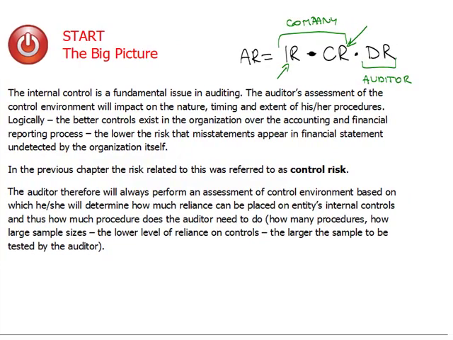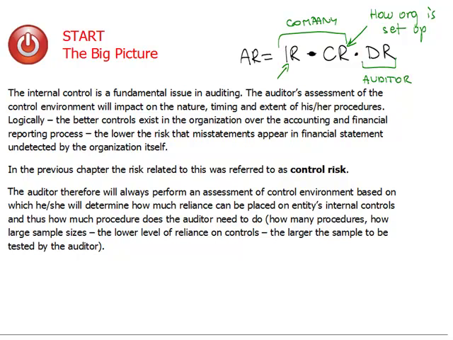Control risk, on the other hand, depends on how the organization is set up. Is there a proper segregation of duties? Is there a proper review process within the company? If there is, even if there is high inherent risk, the problems with posting transactions will most likely be detected by internal controls.